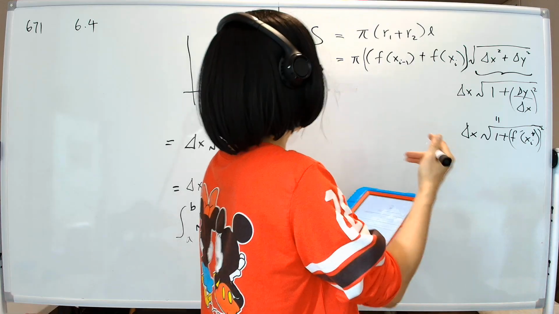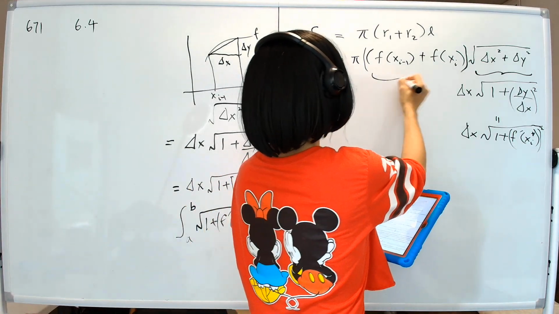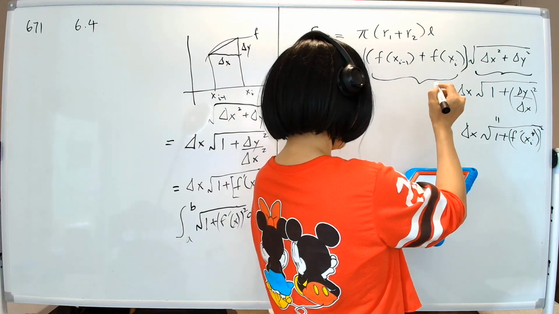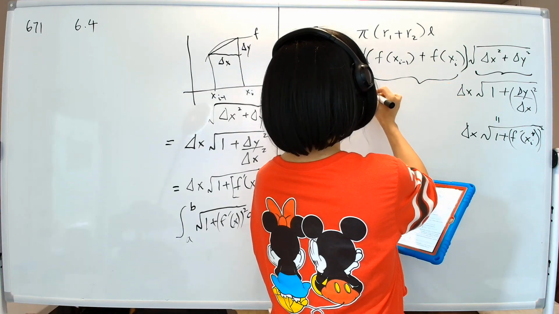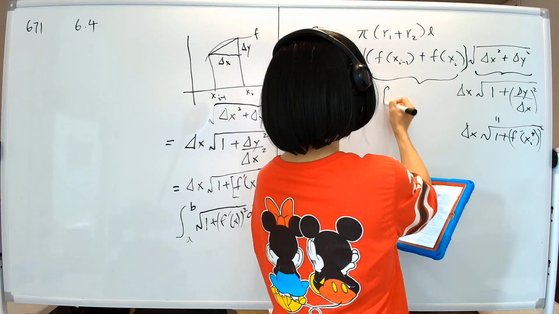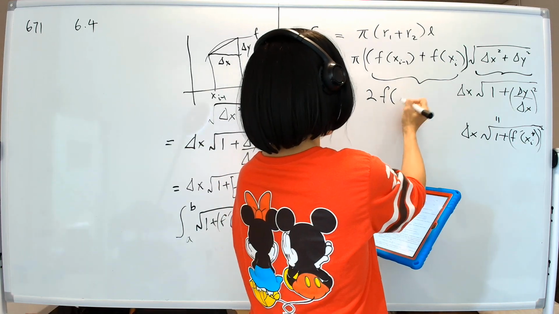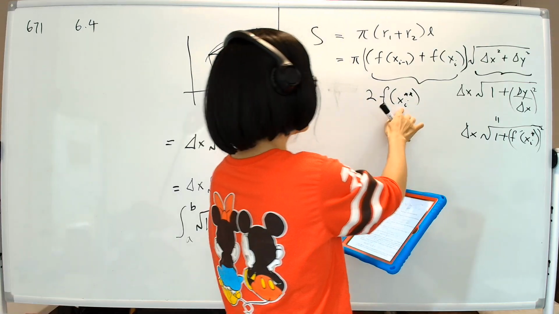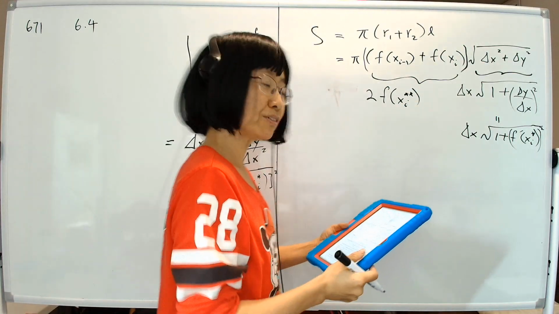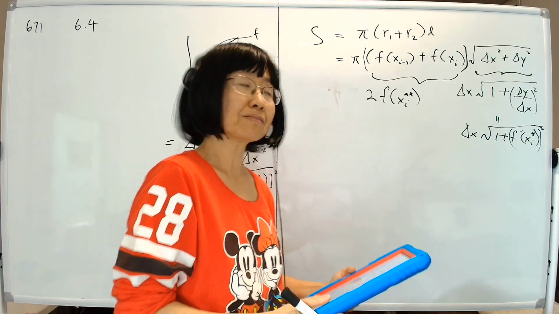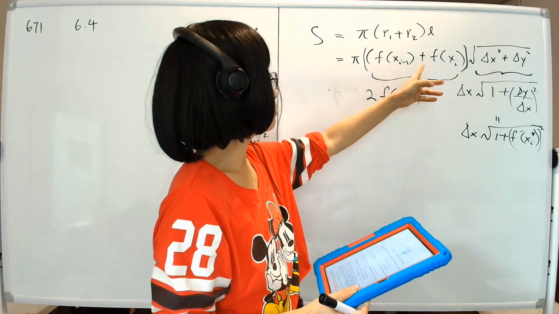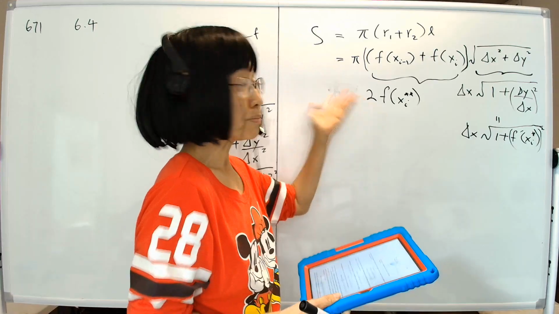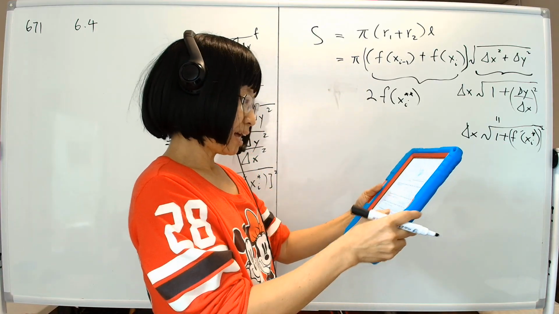So we'll pick another point, this is the same as 2 times f of some value in here, xi 2 stars, where two of them is the same as these things added together, and that's by the intermediate value theorem. Because there's 2 of them, you just figure out the average of these 2, and then multiply by 2. That's all.